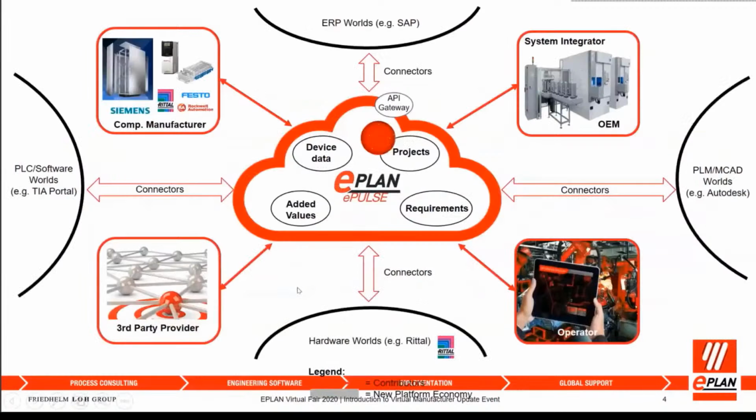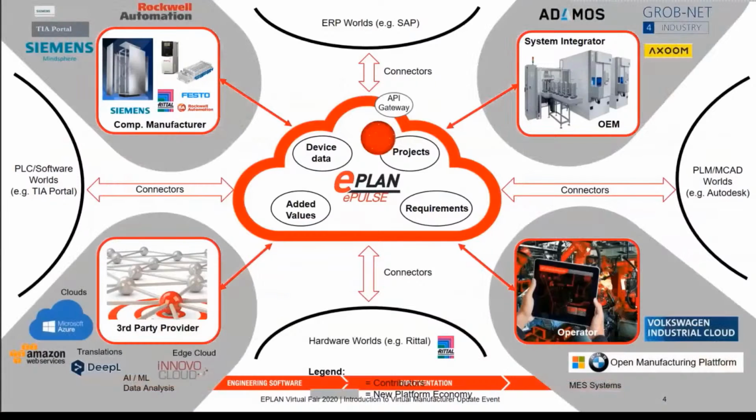On this slide, I show you something that I would like to call the solution blueprint. So this is how our cloud offering could or should look in the future. And the future means some years from now. On the lower left side, you see so-called third-party providers. Nowadays, when you open your mobile phone and you would like to install a new app, you have to go into the Apple App Store or the Google Play Store to download software.